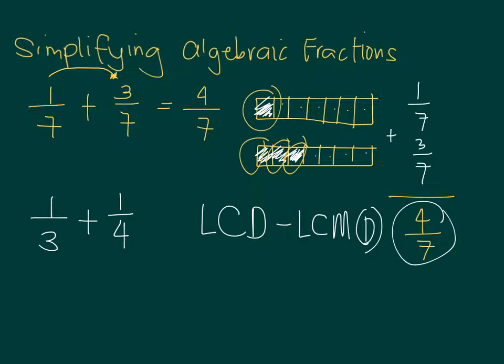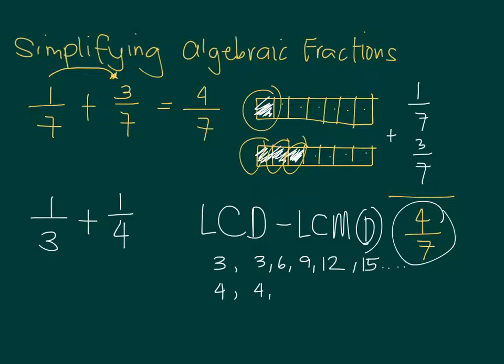as 12, but if you are not sure on how to get the LCD, getting the LCD is like counting by 3 and by 4 in this example, and the first number that will be the same will be the LCD. So like 3, 6, 9, 12, and then 15, and you can limit it for a few numbers first.